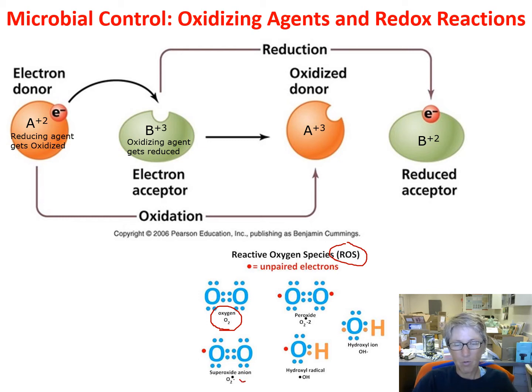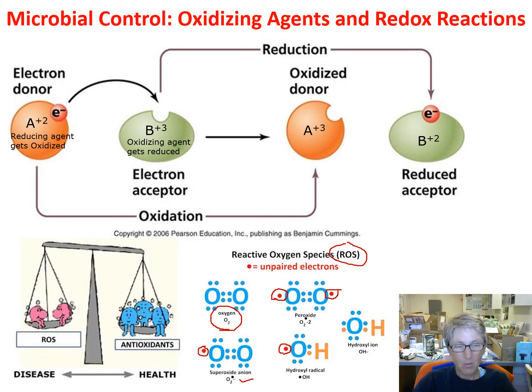So you don't want these reactive oxygen species with their unpaired electrons roaming around your cells. So here's some of them. Superoxide anion, this red one, there's the unpaired electron. Peroxide, this is part of hydrogen peroxide. That's got these 2 electrons that are unpaired. Hydroxyl radical, there's the unpaired electron. And then here's the hydroxyl ion that doesn't have an unpaired electron. And this cartoon shows, and this is generally true for humans or bacteria, there's usually a sort of balance.